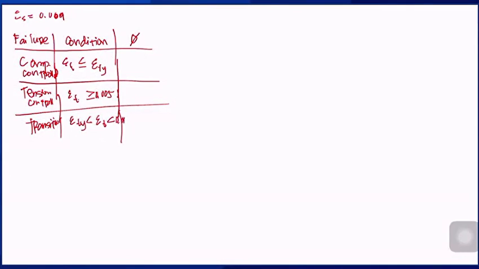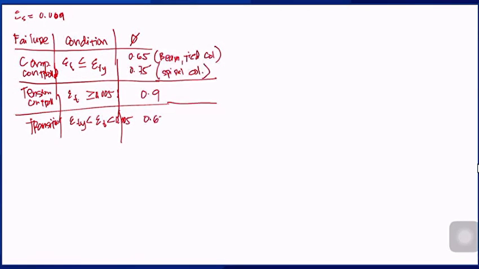Your phi is 0.65 for beam and tied column. Ito naman is for spiral column, 0.9. And this is formula 0.65 plus 0.25 (epsilon t minus epsilon ty) over (0.005 minus epsilon ty).